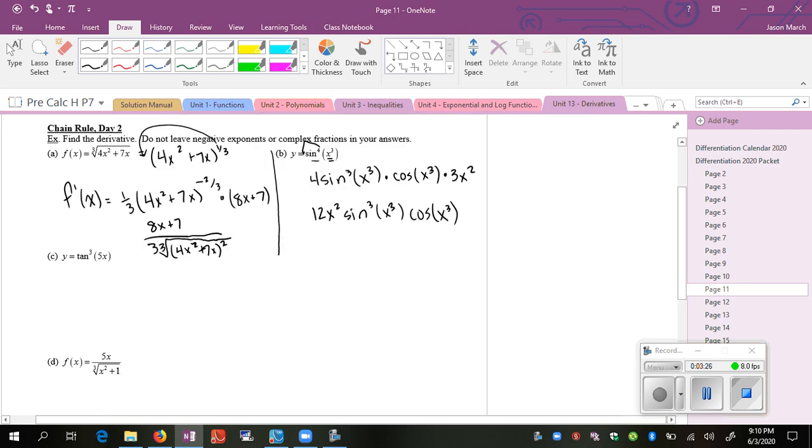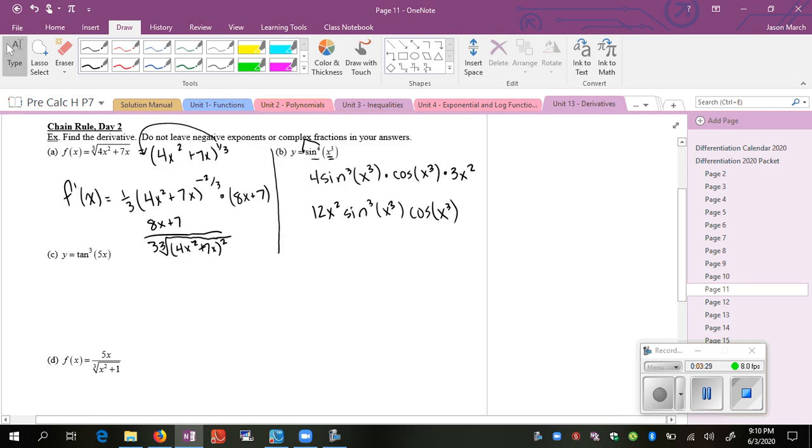All right, example C, another one, just like the previous one, derivative of this one. Again, the exponent on the trig function is the first thing we handle, so we have 3 times the tangent now squared of 5x. Derivative of tangent, so now we handle the trig function. Derivative of tangent is secant squared, 5x.